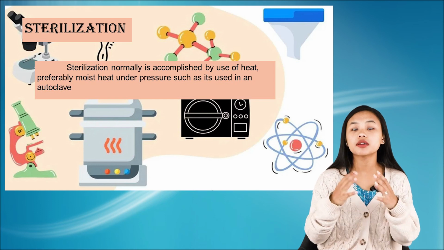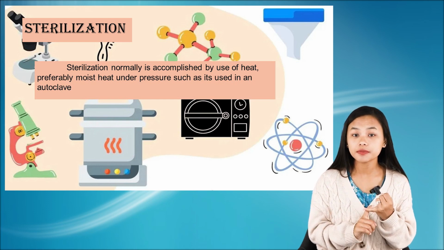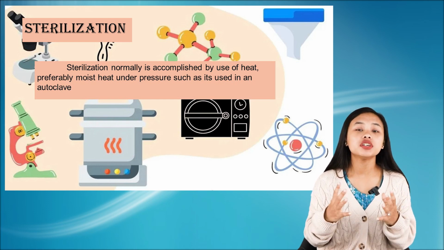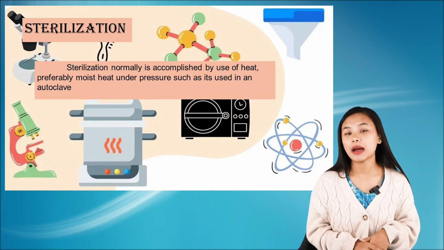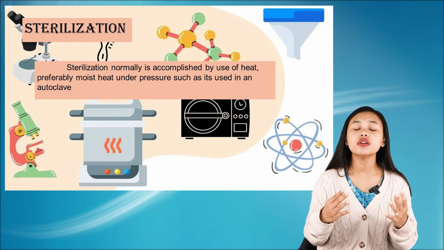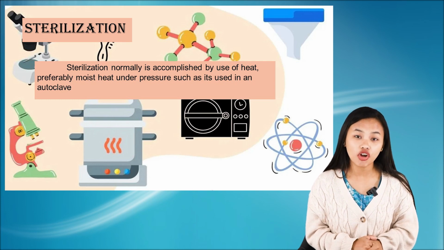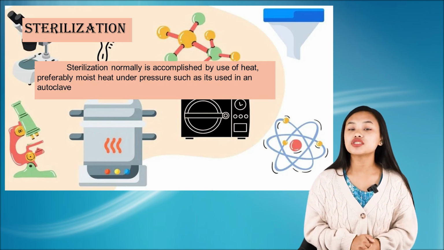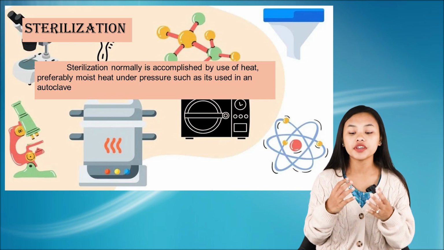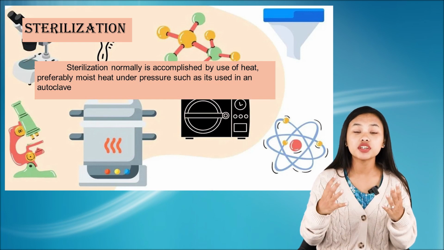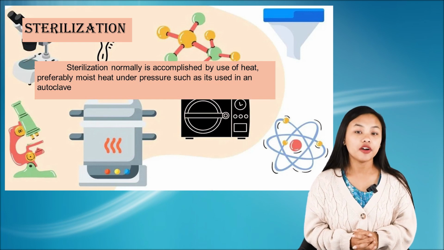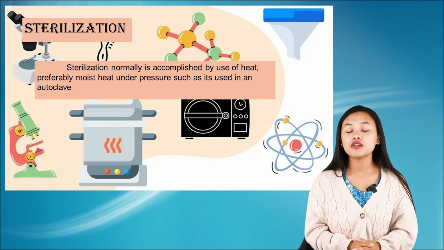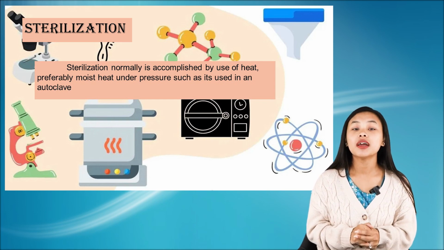Sterilization is normally accompanied by the use of heat, and preferably the moist heat which will be under pressure, for example autoclaving. So whenever we sterilize any object or instrument, it is normally accomplished by the use of heat, preferably the moist heat under high pressure, because in this manner all the microorganisms will be destroyed. So under sterilization, there are various techniques that we can use.